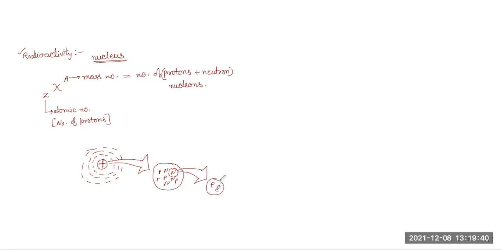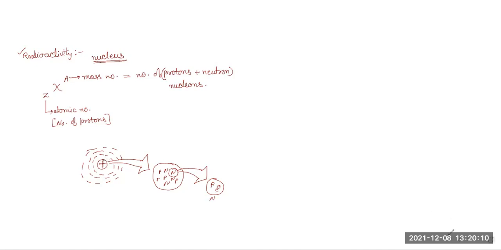And hence, the net charge on a neutron is 0. It's neutral. But when we say it is neutral, it doesn't mean that it does not have any charge. Rather, it has an equal amount of positive and negative charge, and that's why we call it proton plus electron. Together, it makes a neutron. In this way, the nucleus is constructed.